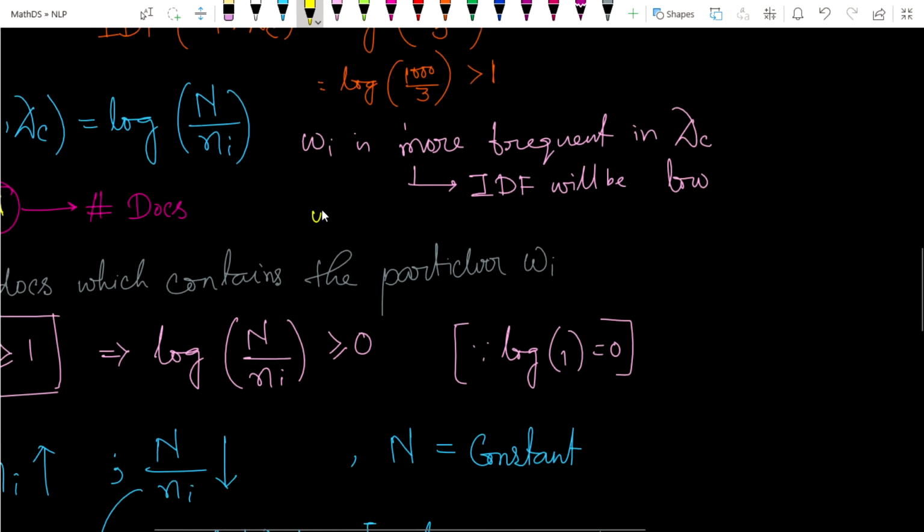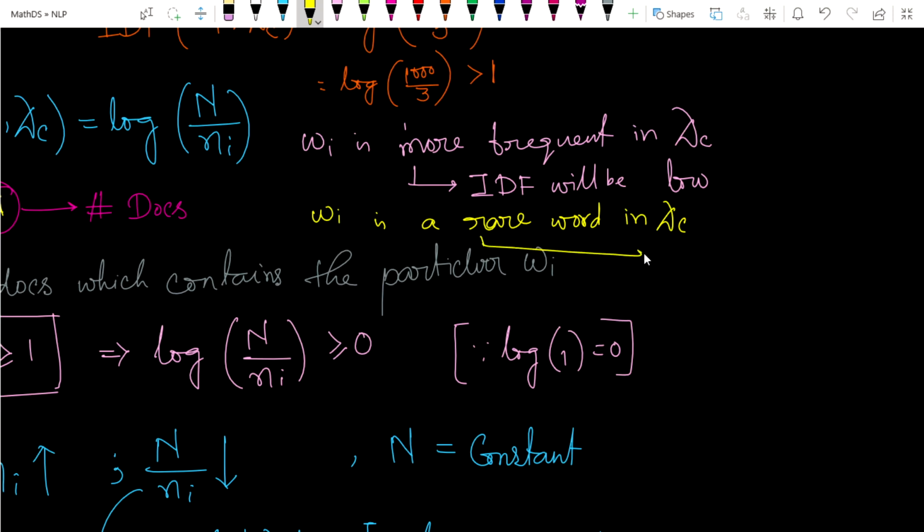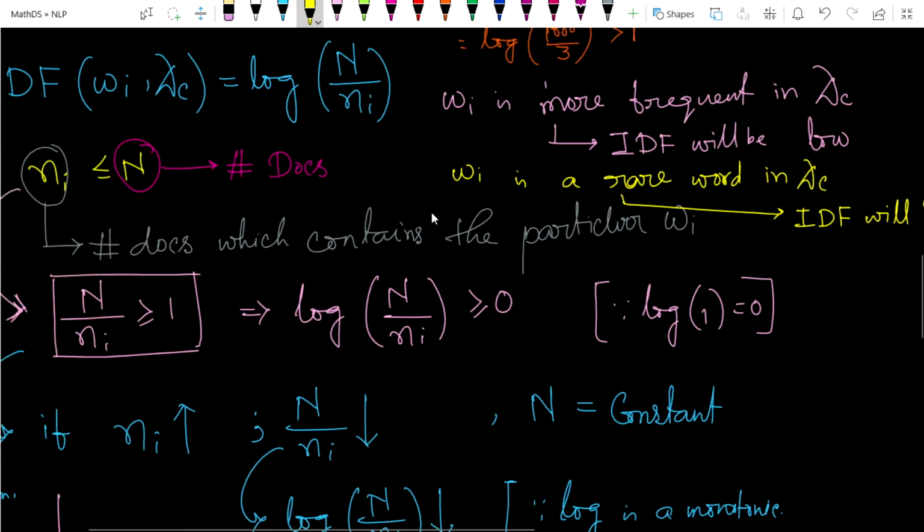And if wi is a rare word in our whole data set Dc, then IDF gives us more importance. That is the actual internal meaning of it.